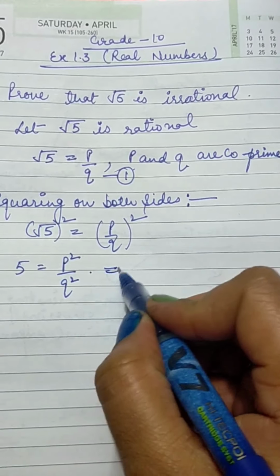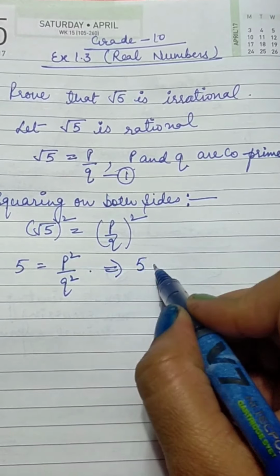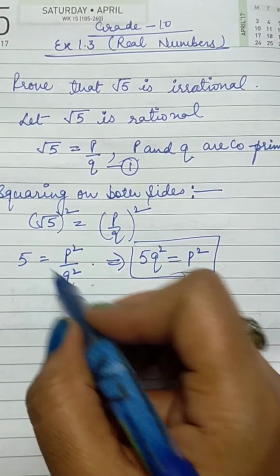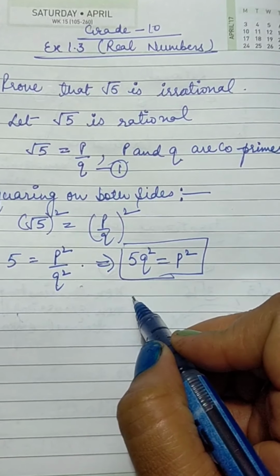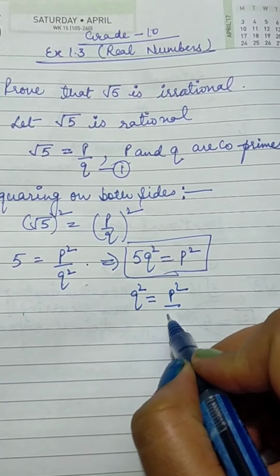So here this goes over that side, 5q square equals p square. I need this, so I'm keeping it here only. Or you can interchange it: q square, let it be here only, and p square over 5.